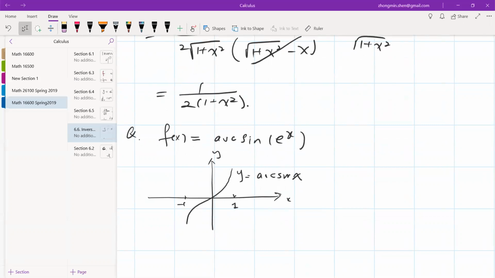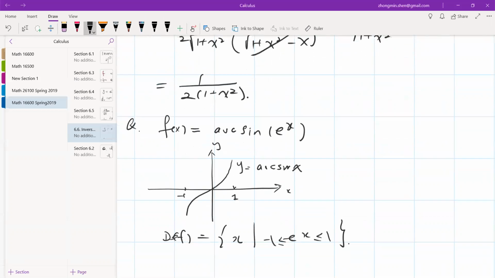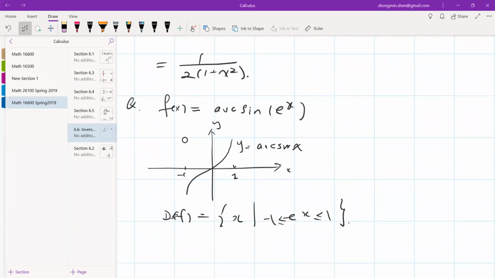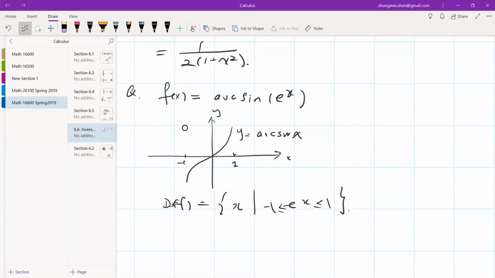So that means the domain of f are those x where e to the x is between negative one and positive one. But e to the x is never negative. All you have to do is x less than or equal to 0. That's it.